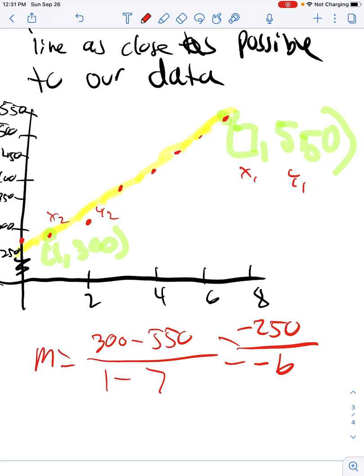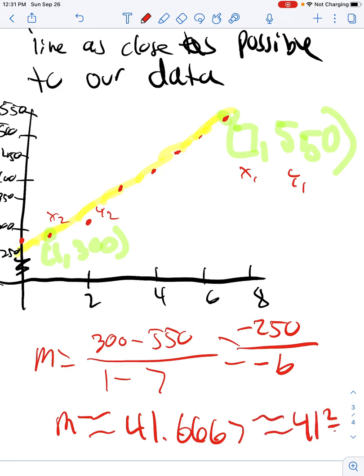And so when I divide those, a negative divided by a negative is a positive, and I'm going to get a slope of approximately 41.666667, which is approximately 41 2/3.